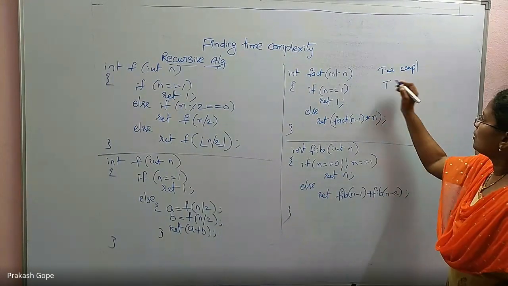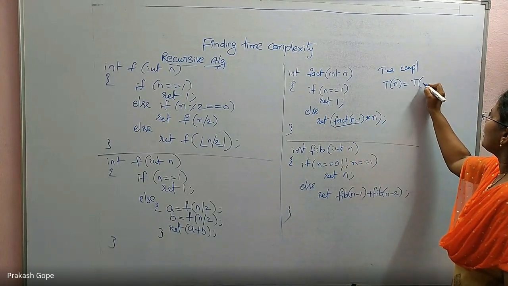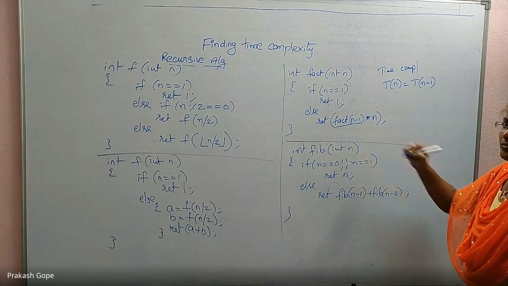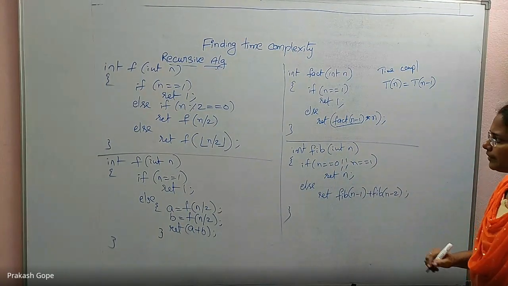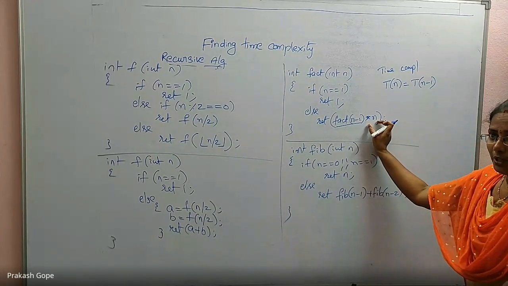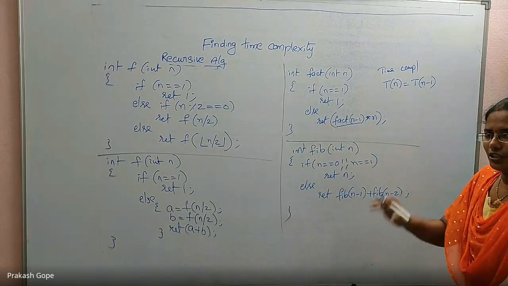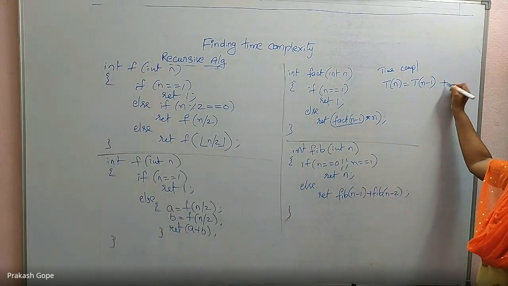Time taken by this algorithm when n is passed is the time taken by the same algorithm when n minus 1 is passed, and the time taken for one multiplication or one return statement, two or 3 extra instructions, a fixed number of instructions, so plus 1.